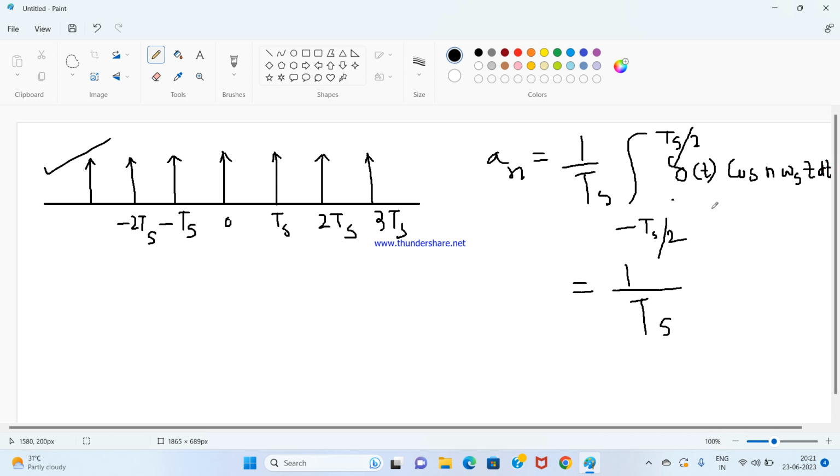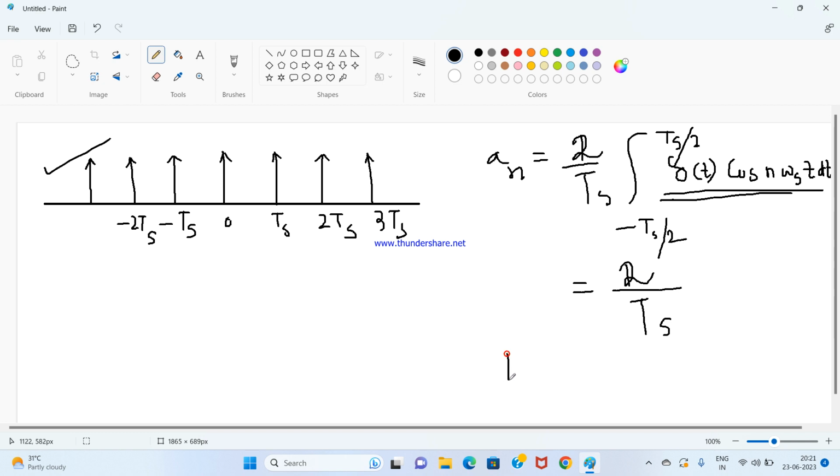Naturally this function also exists at t equal to 0, so this converts to again 1, because at t equal to 0, delta t is 1 and cos 0 is 1.